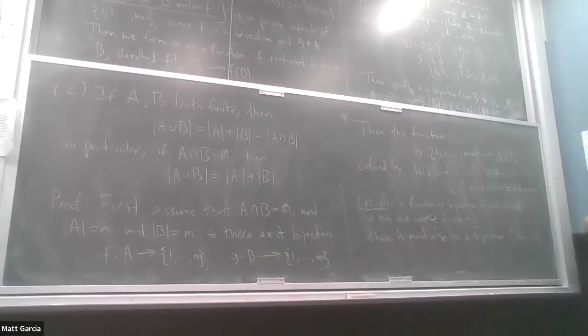Then just by the definition of this part of h, I know that I have to hit every element of B. Injectivity is maybe slightly more work, but also not so hard if you just sit down and write down the definition of injective.